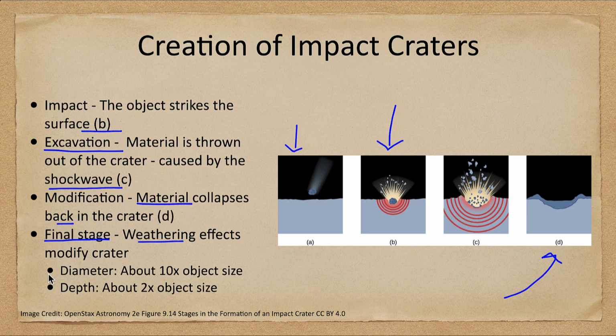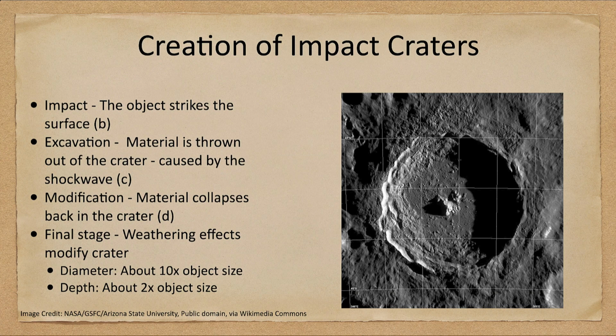How big is a crater? Well, let's look at an example here. And we can look again at one of the craters on the moon. And here we see the crater, and the crater is going to be about 10 times the size of the object and about twice the depth.